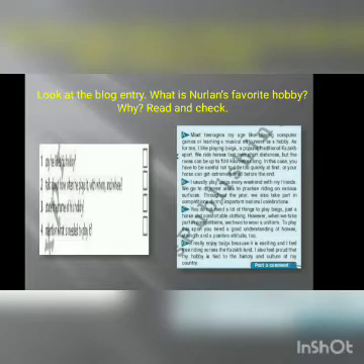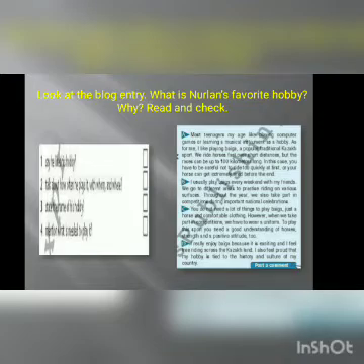Read the blog entry again and say in which paragraph the writer says he likes his hobby, talks about how often he plays it, with whom and where.